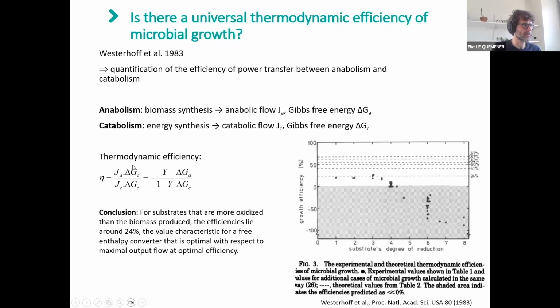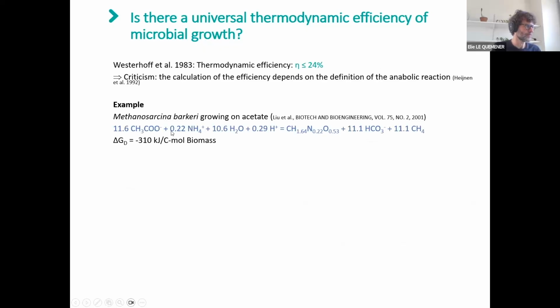It's very complicated. Just as an illustration, take archaea that consume acetate and produce methane. This is the real stoichiometry, what's measured in the experiment. If we want to look at catabolism and anabolism, catabolism is pretty easy because we know it's just acetate conversion to methane.